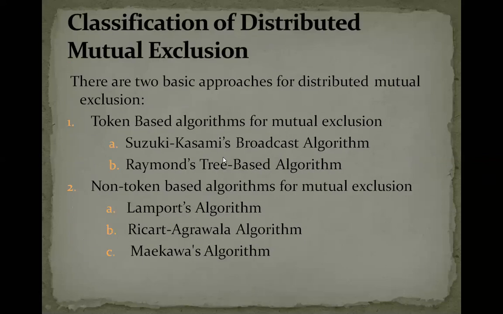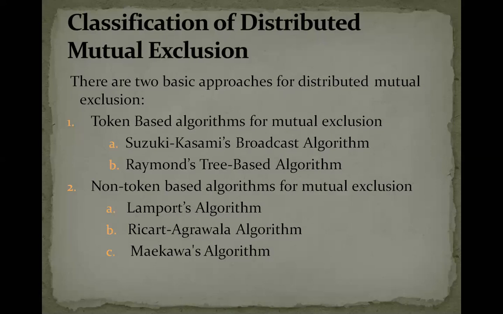Now, the classification of distributed mutual exclusion. Basically, the algorithms developed to resolve mutual exclusion are classified into two parts. The first kind is the token based algorithm, and the other is the non-token based algorithm.